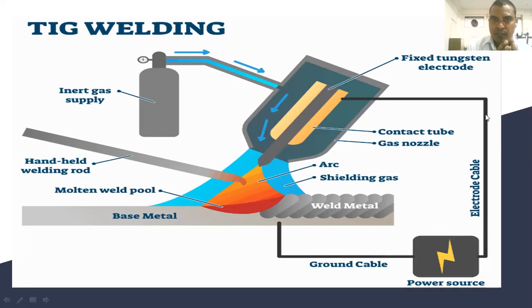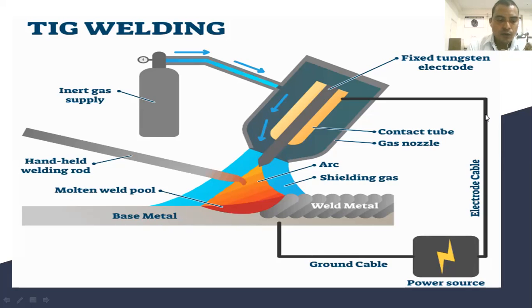You can see in the figure that the angle of the welding torch is about 70 to 80 degrees, and we are using the filler metal, and the angle of the filler metal is 10 to 20 degrees respectively with the flat workpiece.